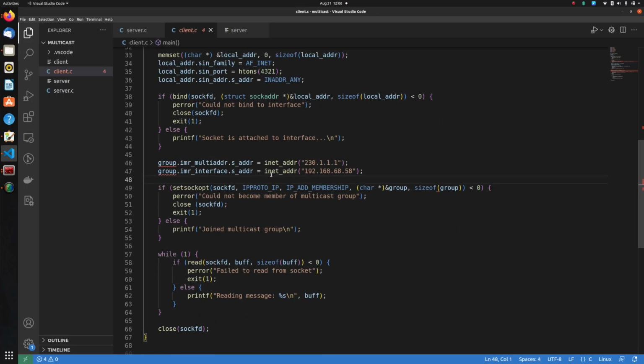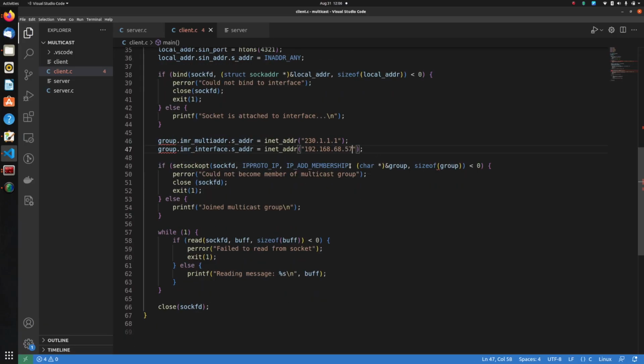One is the actual group IP address, which is 230.1.1.1, and the other is the interface on which it wants to receive the multicast datagrams. I'll make a small correction here: it will be .57. So I've mentioned the interface as well, and now I simply call setsockopt with the IP_ADD_MEMBERSHIP option, and I pass the group parameter which contains the multicast IP and interface details.